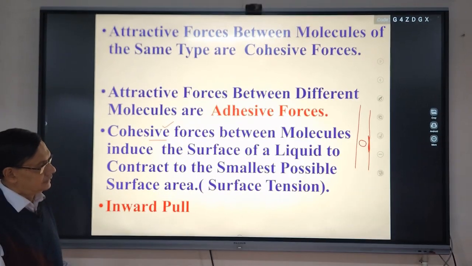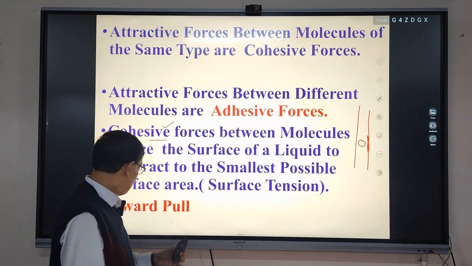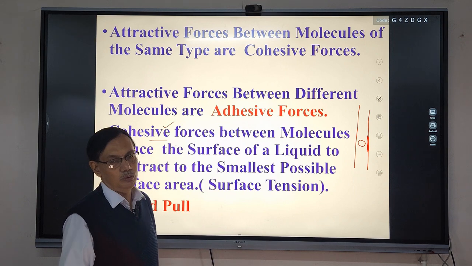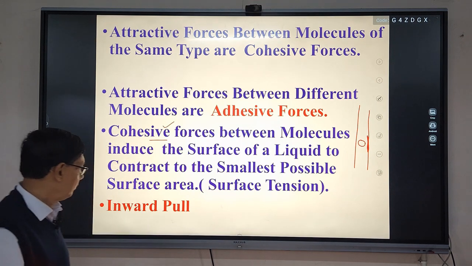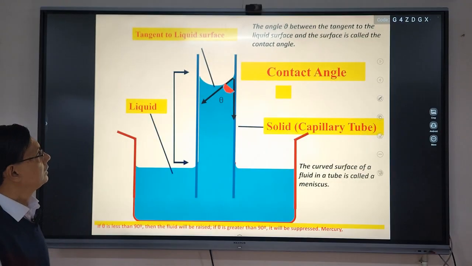That is called the surface tension, and there is always an upward pull and an inward pull, and there must be an equilibrium between this upward pull and inward pull.